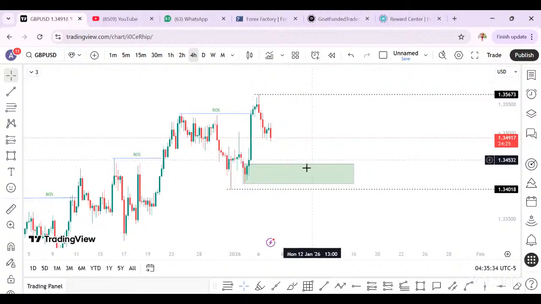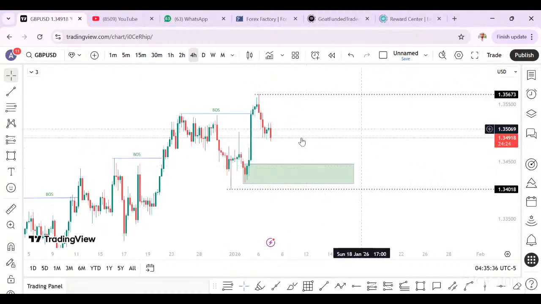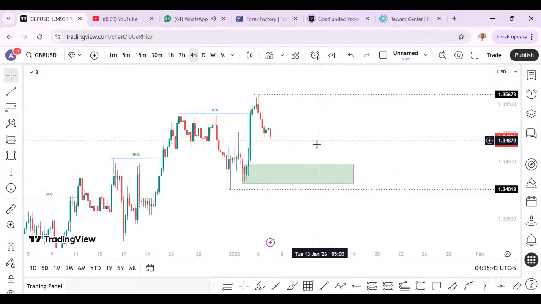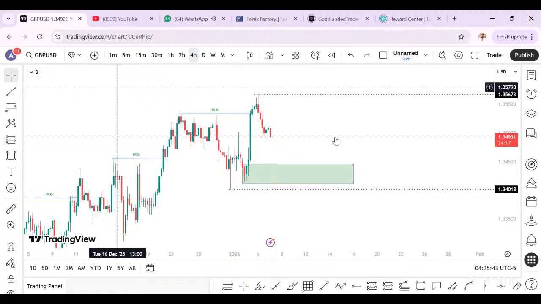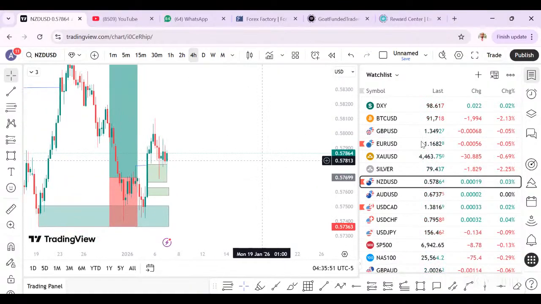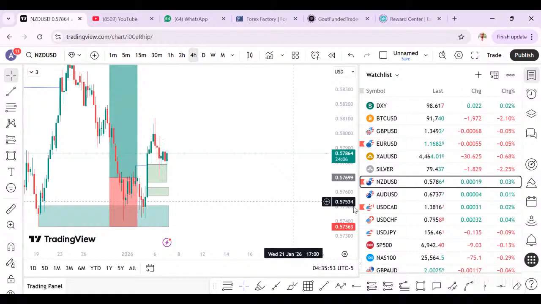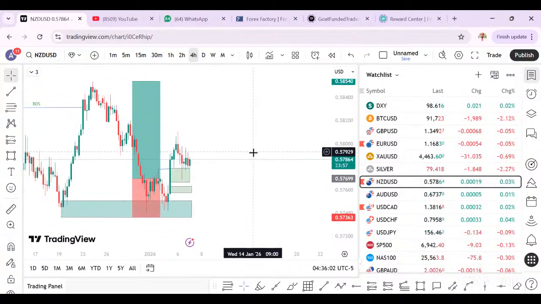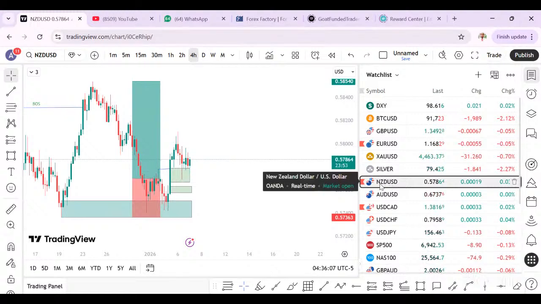So we are looking for a buy opportunity. I'm looking for a buy opportunity on GBPUSD. Then, okay, I'm still on this trade already. And again, now that I am on trade management, NZDUSD is still running. On the account where I take this, maybe I'm risking 1% of that account.